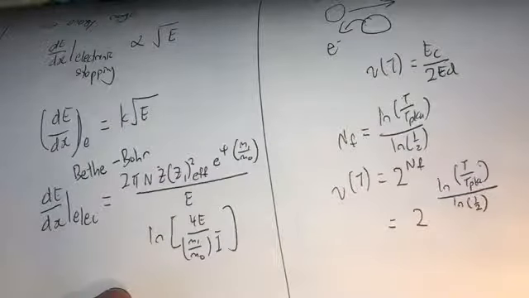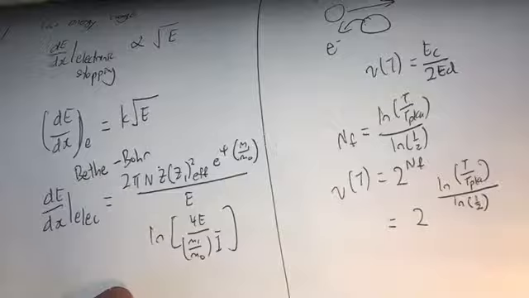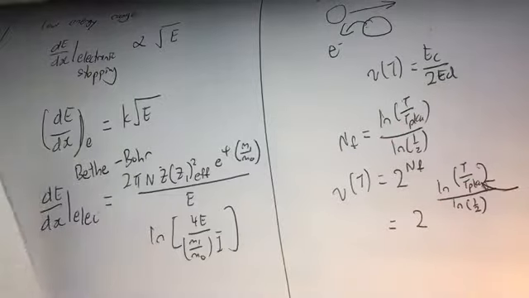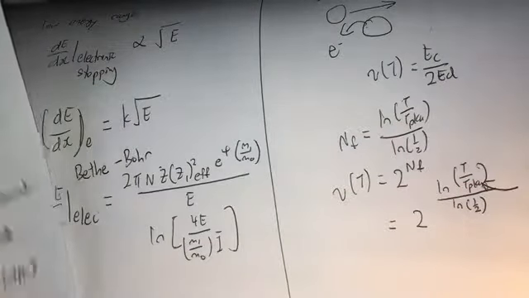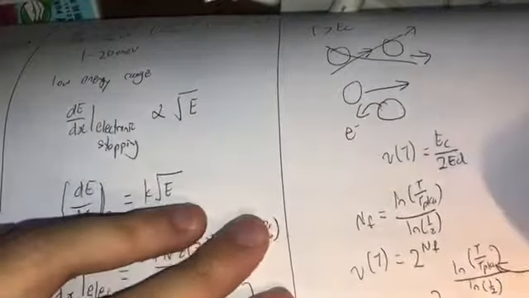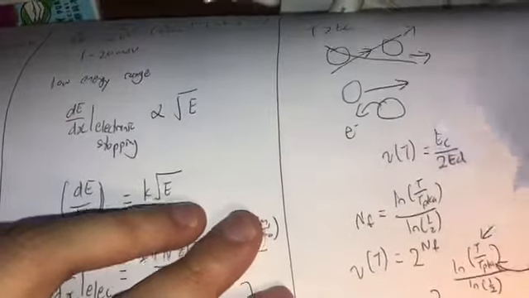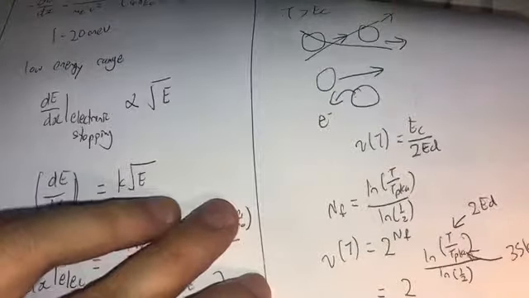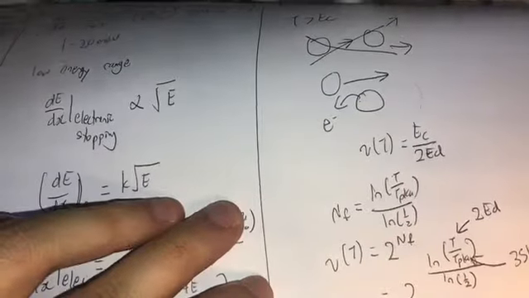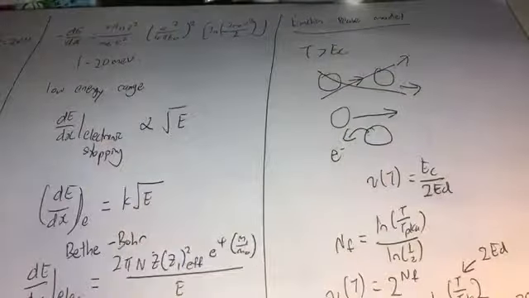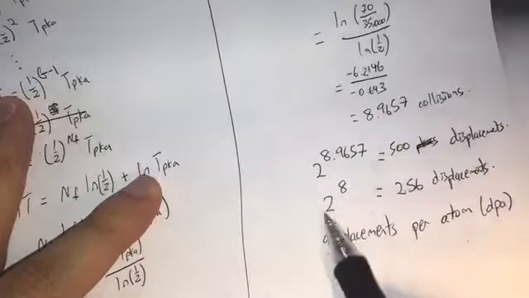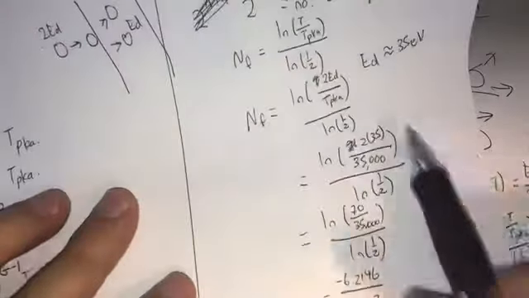And this we have talked about before from several videos back, to be about 35 keV, and this we call the energy threshold, 2ED being the energy threshold. That was from several videos back. I'm sorry for the disjoint. If you need some refreshers, please review that video and come back. That was derived over here.